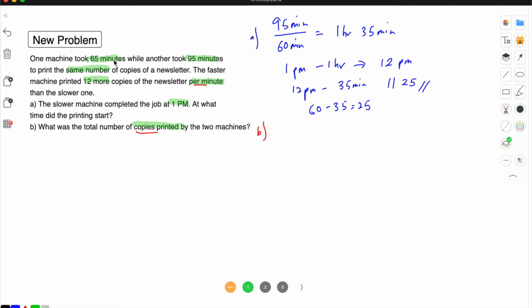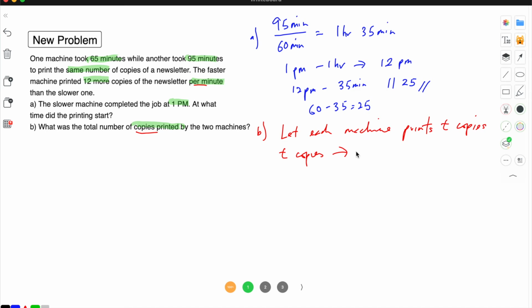One takes 65 minutes to print the same number of copies. So let's assume each machine prints T number of copies.